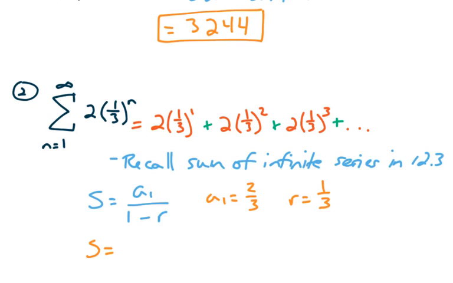So the sum of our series is equal to 2/3 over 1 minus 1/3, and 1 minus 1/3 is 2/3. So we can say this is 2/3 over 2/3, and any number divided by itself is 1. So if we add up every one of these terms in this series, we would eventually get to 1 if it were at all possible.